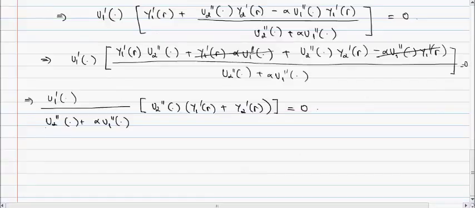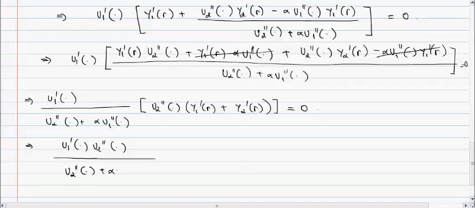So what I got over here is that, if I take the u2 double dash outside the square bracket, I got u1 dash times u2 double dash divided by u2 double dash plus alpha u1 double dash, and inside the square bracket I got y1 dash of r plus y2 dash of r, and it has to be equal to 0.